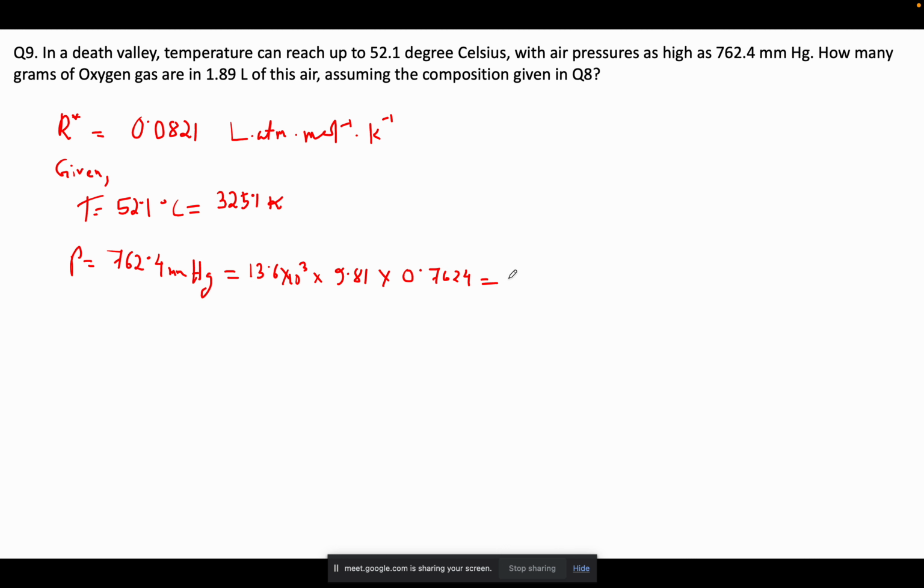So this will be basically 1.019 into 10 to the power 5 Pascal, which I can write as 1 atmosphere, because 1 atmosphere is also 1.013 into 10 to the power 5 Pascal. And the total volume of the air is given as 1.89 liter.